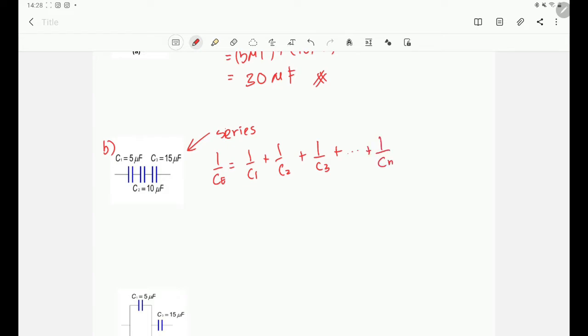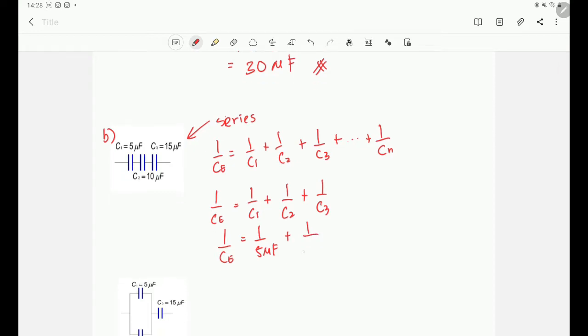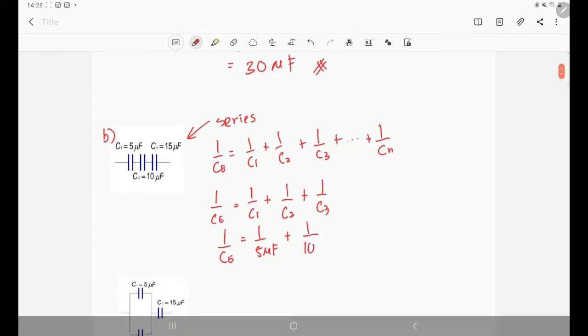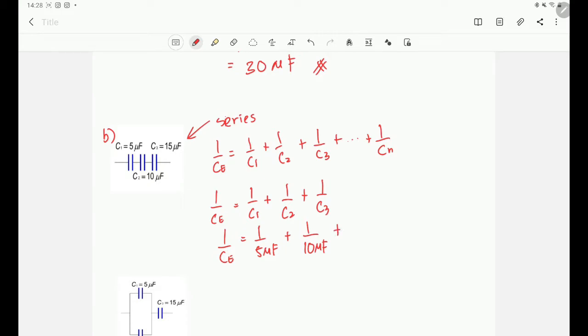For this question we have 3 capacitors: C1, C2 and C3. So 1 over CE equals 1 over C1 plus 1 over C2 plus 1 over C3. Just substitute it: 1 over C1, which is 5 microfarad, plus 1 over C2, which is 10 microfarad, plus 1 over C3, which is 15 microfarad.